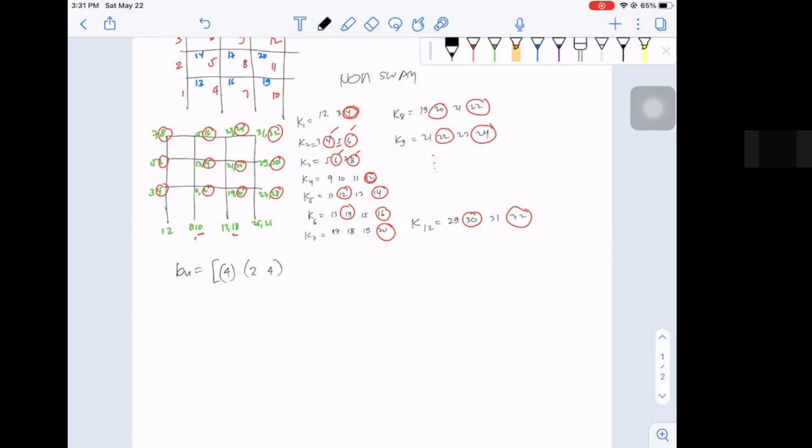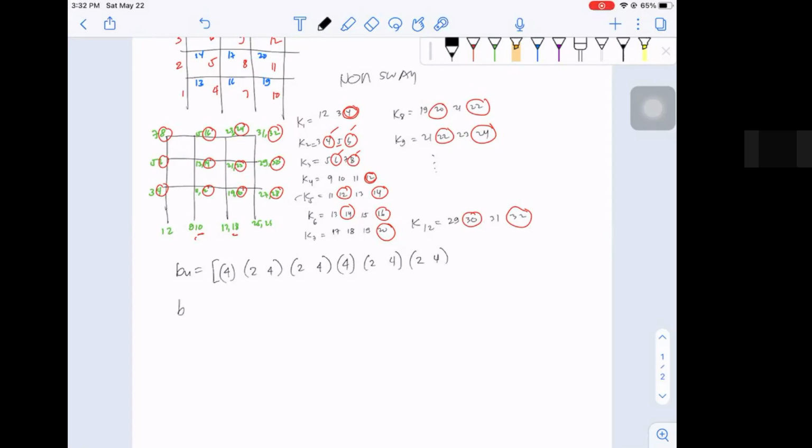For K3, same, second and fourth. For K4, that's in the ground, we need the fourth. For K5, we need the second and fourth again. For K6, second and fourth, okay, and so on and so forth, no?